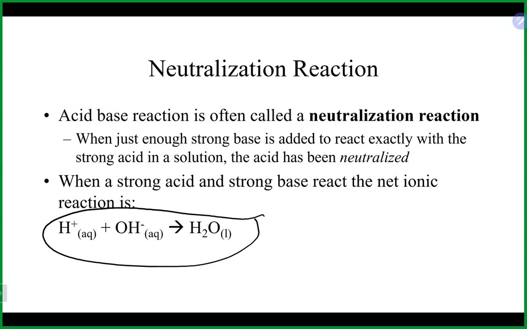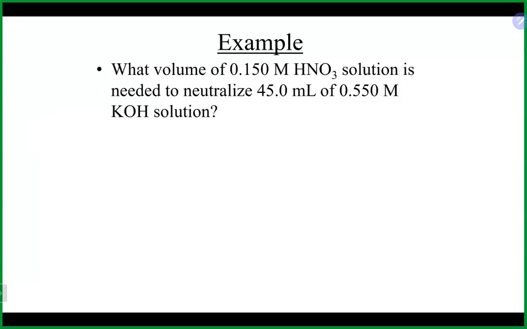So ultimately what we're doing here is forming water, and we can still do solution stoichiometry to figure things out, much like the experiment, the molarity of an unknown solution. We could also figure out how many grams as well. A titration is a common solution stoichiometry problem where we're figuring out the molarity of that unknown acid or base solution.